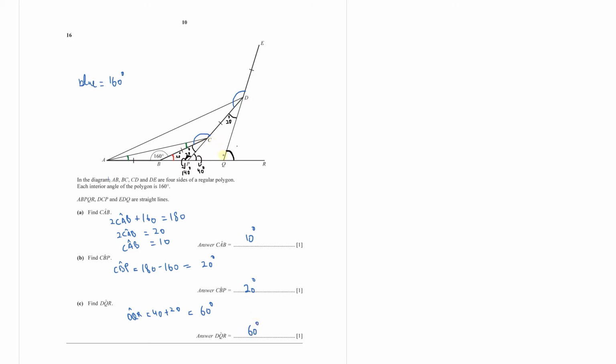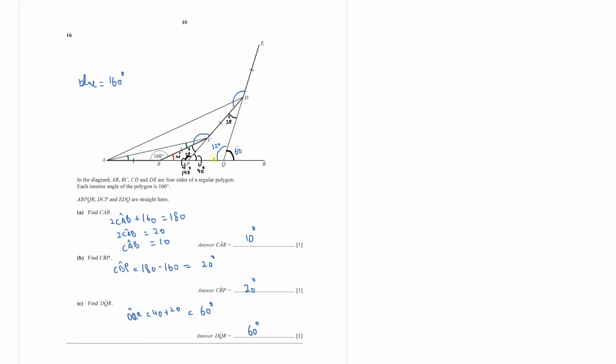Even if you don't remember this property, you can still see that we know two angles of this triangle. So we can calculate this angle, which should be 40 plus 20, 60, and 180 minus 60 is 120. And then this is a straight line, so this angle automatically becomes 60 degrees because these two should sum to 180 as they complete a straight line.